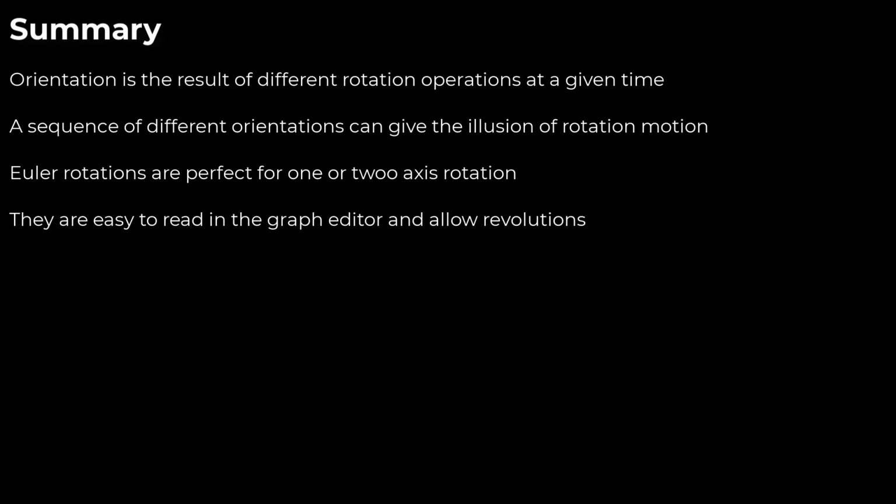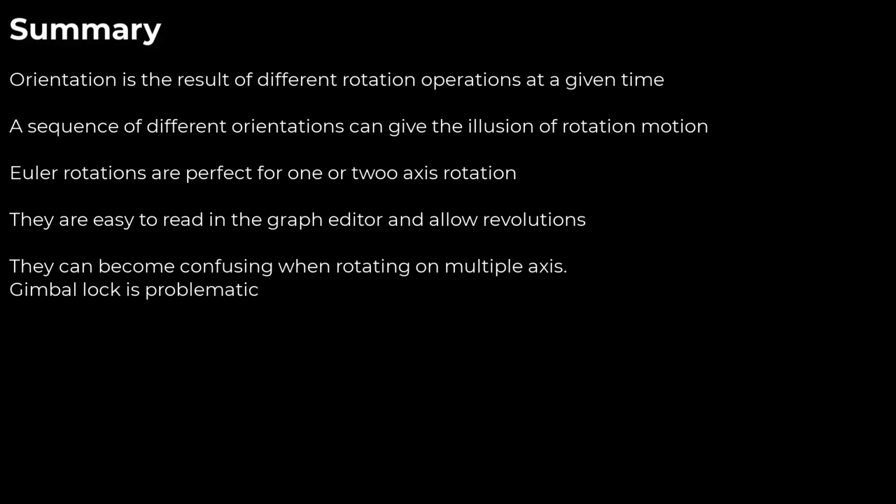Eulers are awesome because they are very easy to read and edit in the graph editor, and you can do a full revolution with them. But they can have a confusing behavior whenever you are trying to manipulate multiple axes at the same time. And you may also encounter gimbal lock trouble.